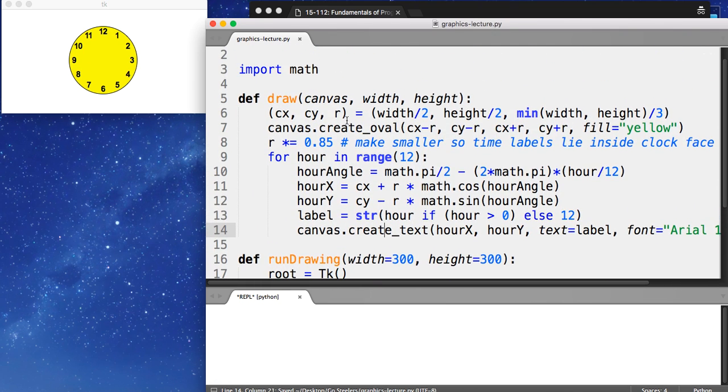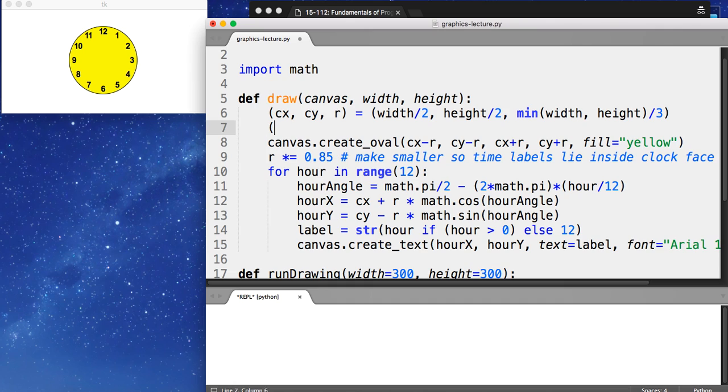So let's look at what's going on. We have cx, cy, and r, which are the center of the window, which we're going to use as the center of the clock. And then a radius, which we'll do as the smaller of the width and height, and a third of that. So we can draw this clock at different locations with different radii.